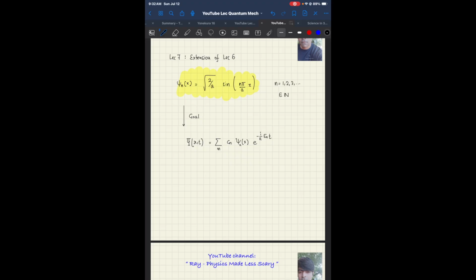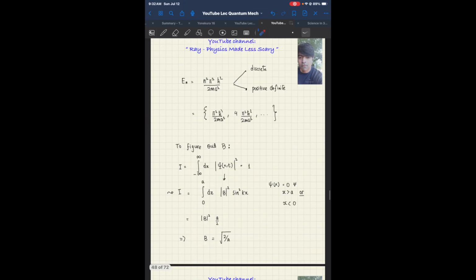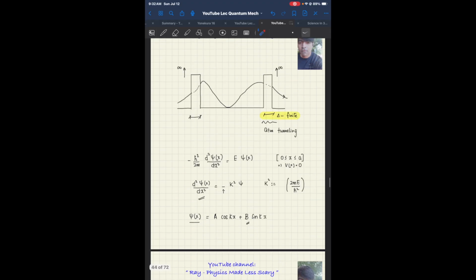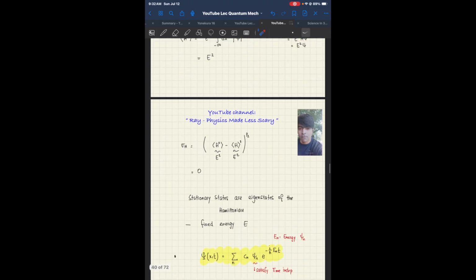Recall that this part we figured out from the method of separation of variables, right? This was the easy part, figuring out the phase. We did this in lecture 5, if I'm not too wrong. So let me just quickly go back and see.